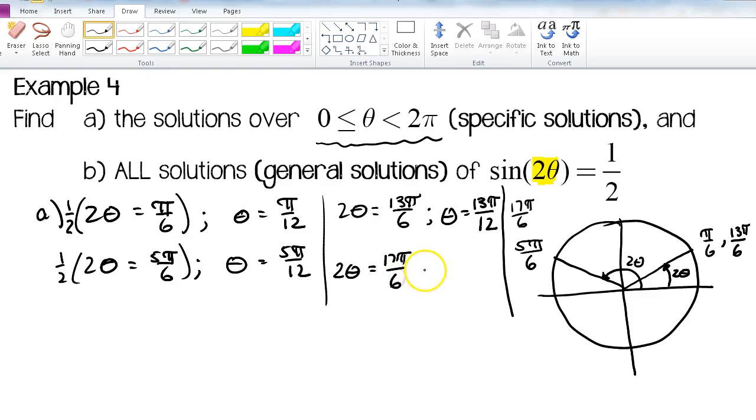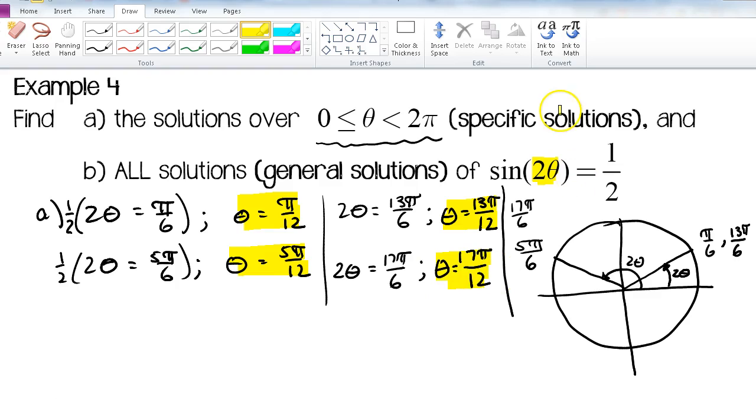So 2 theta is 17 pi over 6. And then if I solve for theta, again by multiplying both sides by a half, we would get 17 pi over 12. And again, 17 pi over 12 is between 0 and 2 pi. We're looking for values that would be less than 24 pi over 12. So we actually get 4 solutions instead of 2 solutions.